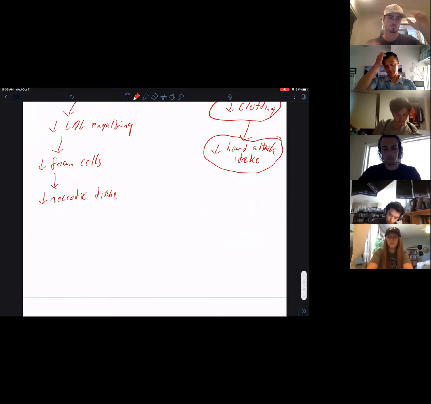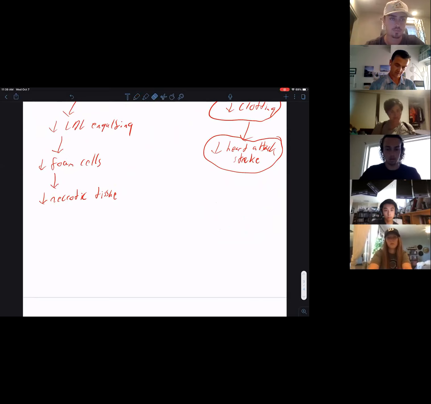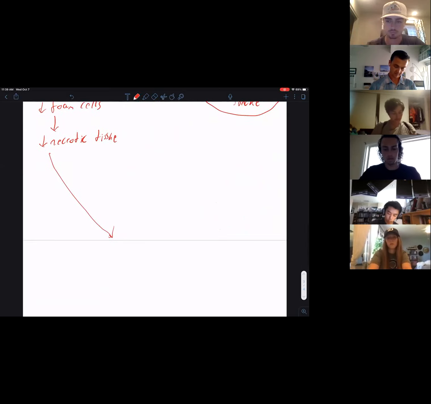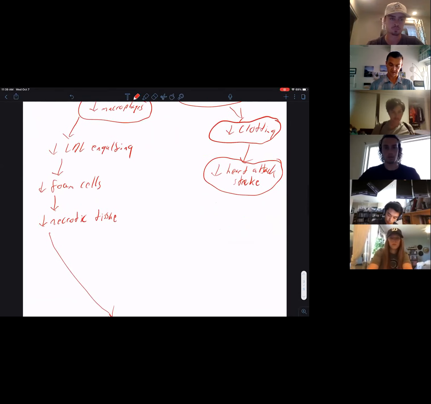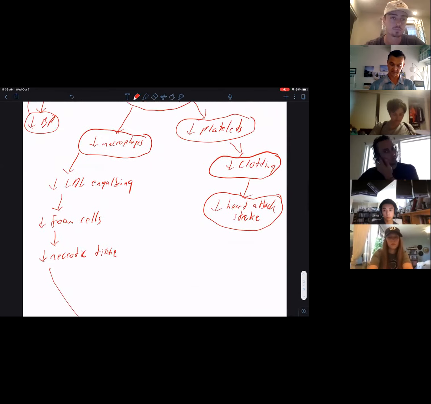I'll put this down further to the next line, to decrease plaque. So less necrotic tissue will be less plaque.